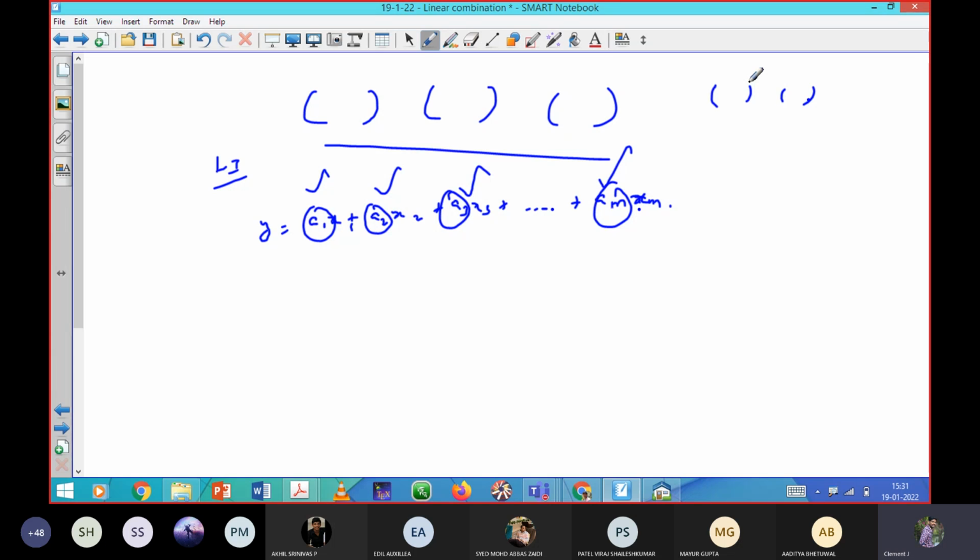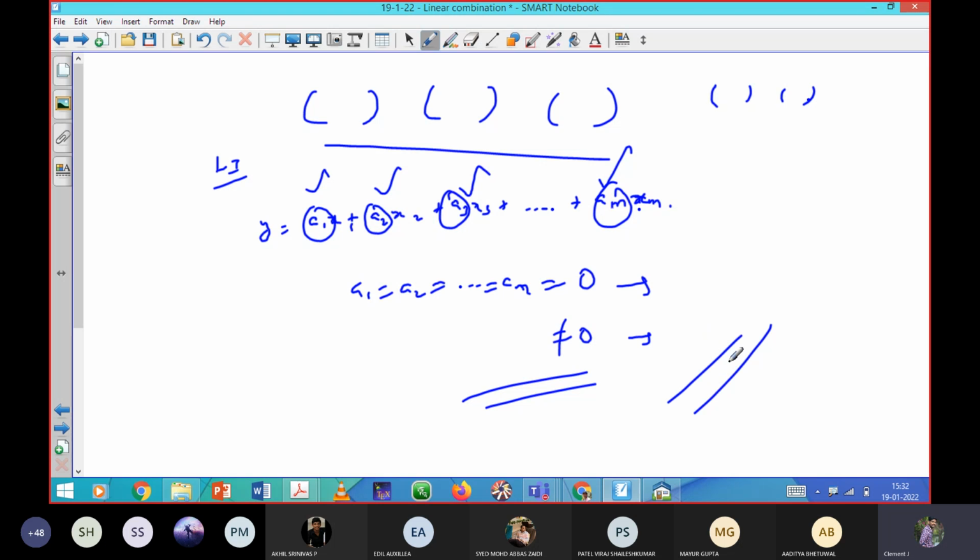So there you simply check whether the coefficients a1, a2 up to am are equal to 0 or not. If it is 0, that can be linearly dependent. If they are not equal to 0, that is linearly independent. So this is the next topic we will discuss in the next session.